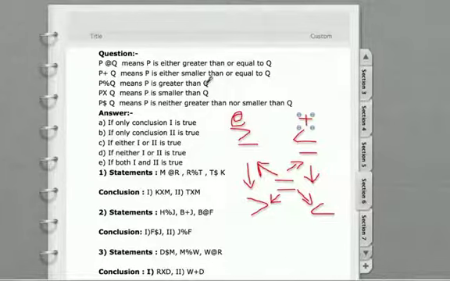Percentage means greater than, percentage is here, and dollar means neither greater than nor equal to, which means equal to. Multiply means smaller than. So dollar is written here.